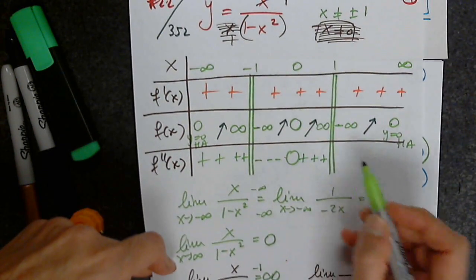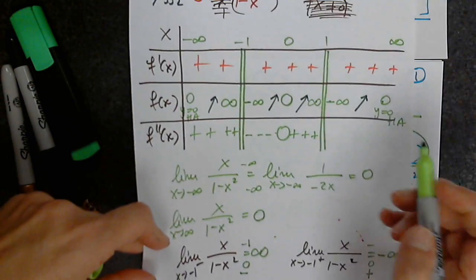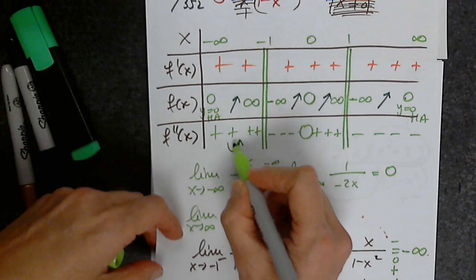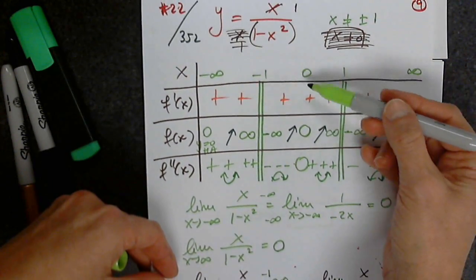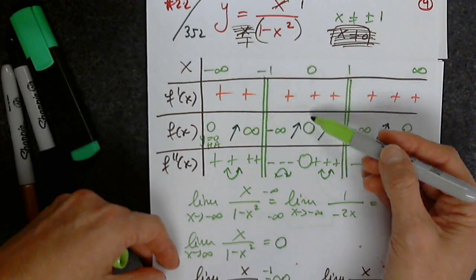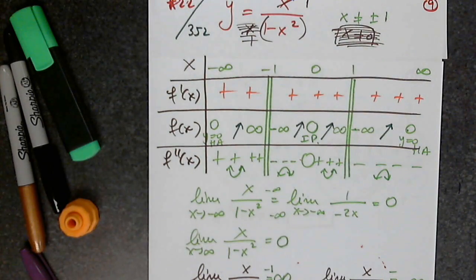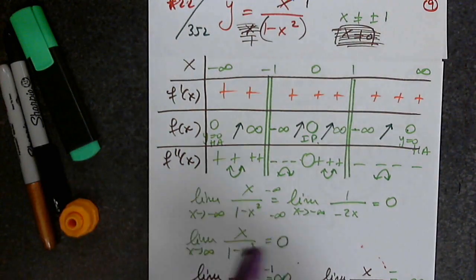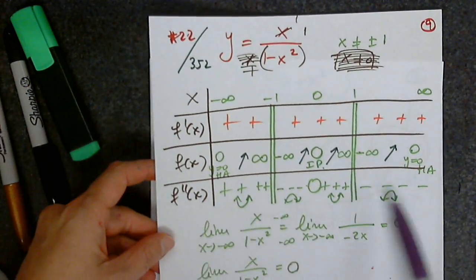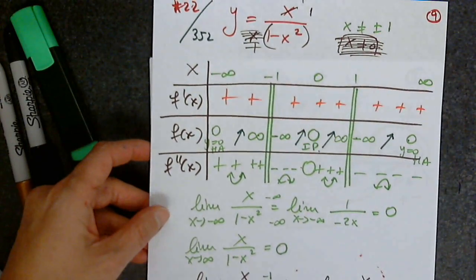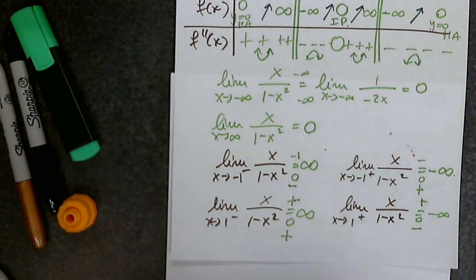So this will be positive. Finally, I plug in 10. Positive, but negative. According to this, 0, 0 is definitely an inflection point. That's all we need. All we worked for was to fill up this chart. Once we filled it up, including the symmetry, I'm done. I can graph it.